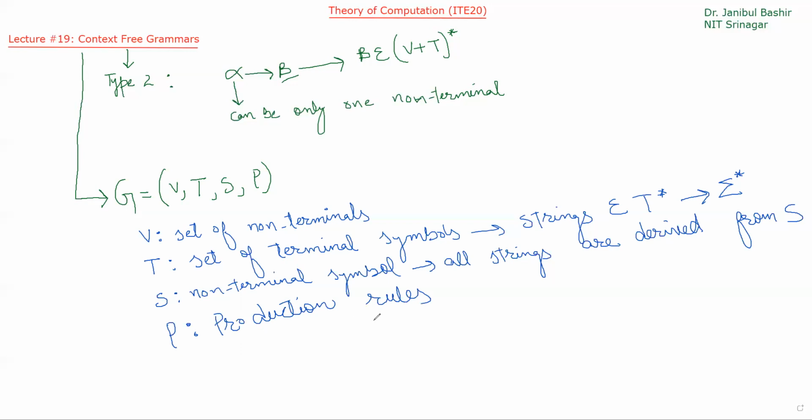These are the rules that are used to derive the strings, and we use these production rules to derive the strings generated by a grammar.